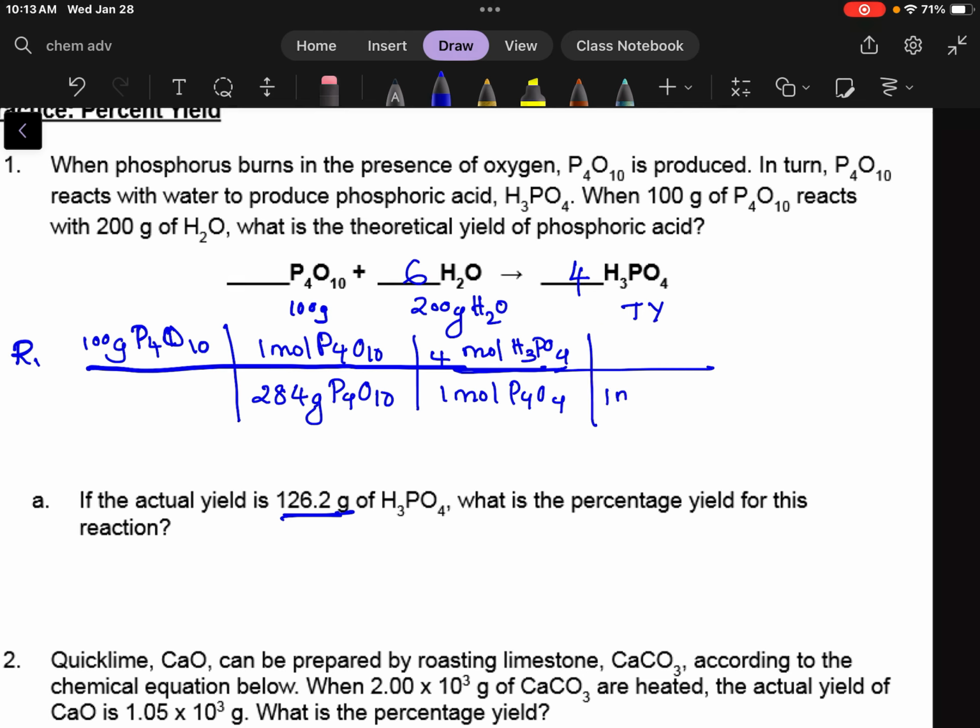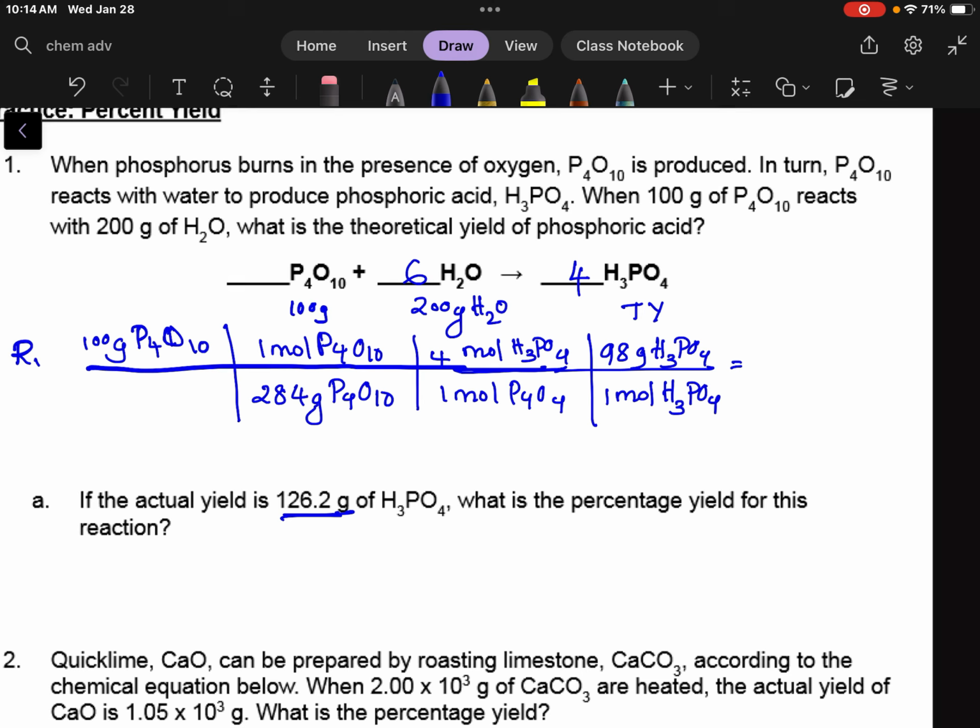Let's continue. For 1 mole of H3PO4 we need grams, so we need the molar mass, which is 98 grams of H3PO4. You can stop at moles and find the theoretical yield, then convert, but I always like this.